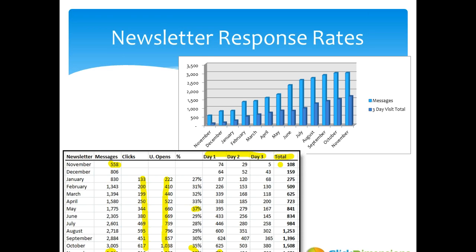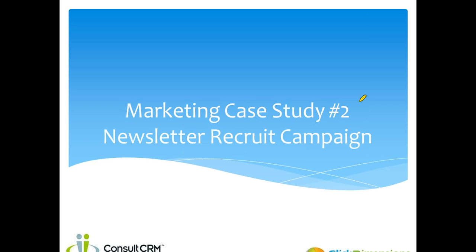So now talk about generating more interest. Then we graph that so we can see that we've got growth in the number of messages going out because we're growing our list, and we've also got a nice growth in the 3-day visit total. So we're seeing our indicators going up, so we know that whatever we're doing on the newsletter is engaging people, it's bringing them back to the site, and we can take a look at that.